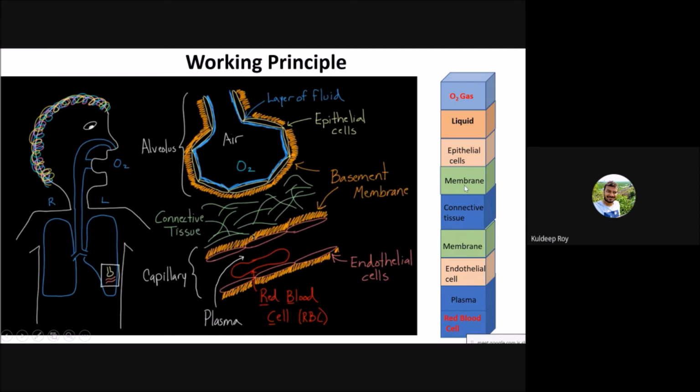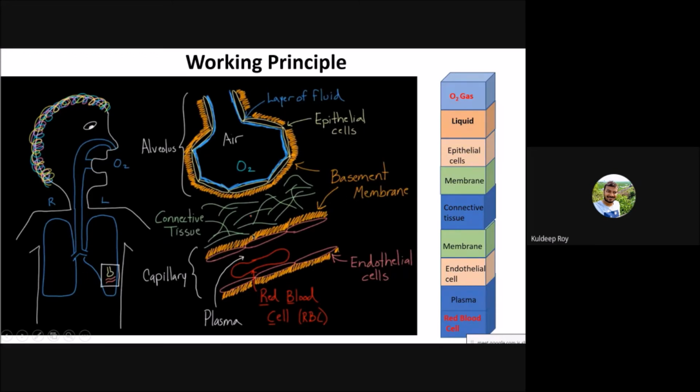After that, the basement membrane, and then connective tissues, another resistance. Fifth will be the basement membrane again, and sixth will be your endothelial cells. Here will be one more cell layer, and then plasma will come and the red blood cell.